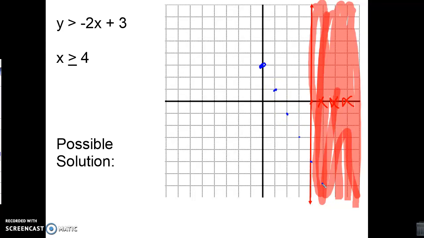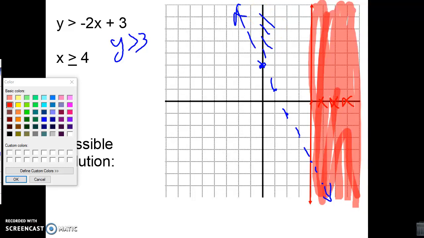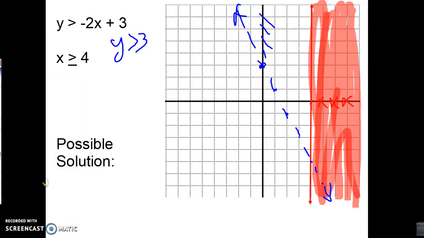It does not say or equal to, so this is going to be a dotted line extending in both directions. And if I think about taking the -2x out, what numbers are bigger than a y-intercept of 3? We would have 4, 5, 6, 7. So therefore, that means that I'm going to shade above the line.